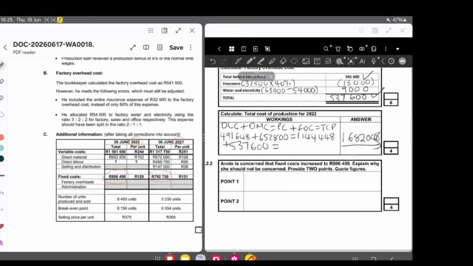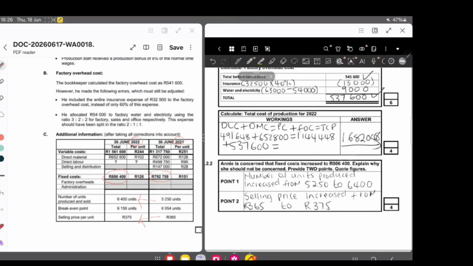the first thing that we would say is that the selling price also increased from 365 rands to 375 rands. So she shouldn't be concerned. Also, the number of units produced increased from 5,250 to 6,400. So she shouldn't really be concerned about that.